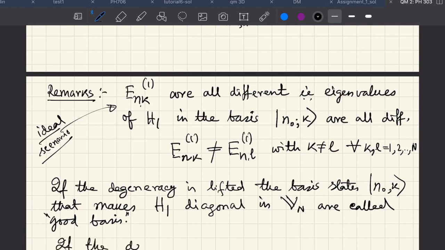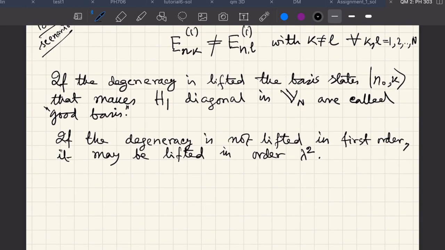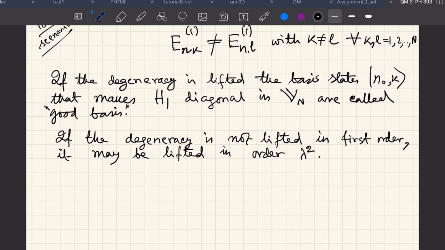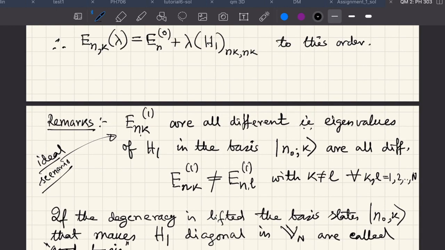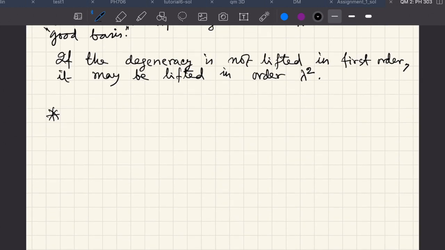If the degeneracy is not lifted in first order, it may be lifted in order lambda square. Finally, therefore, what you need to do is figure out a good basis set.